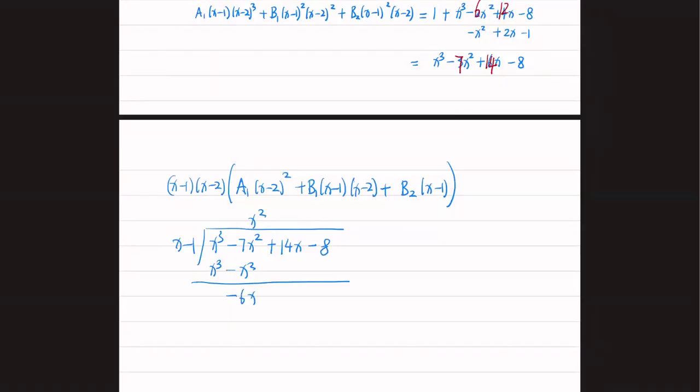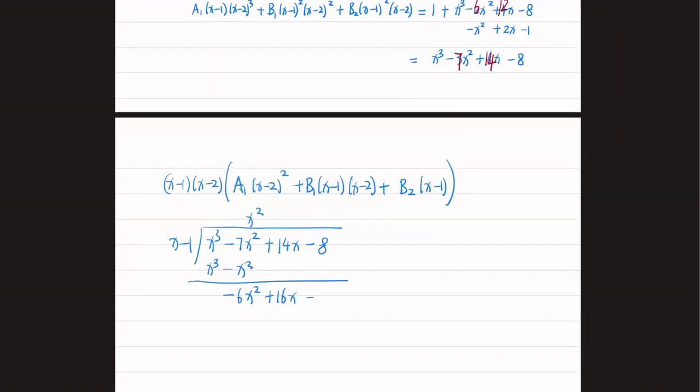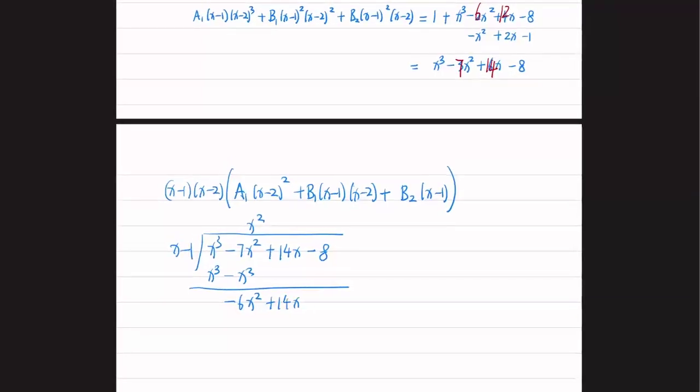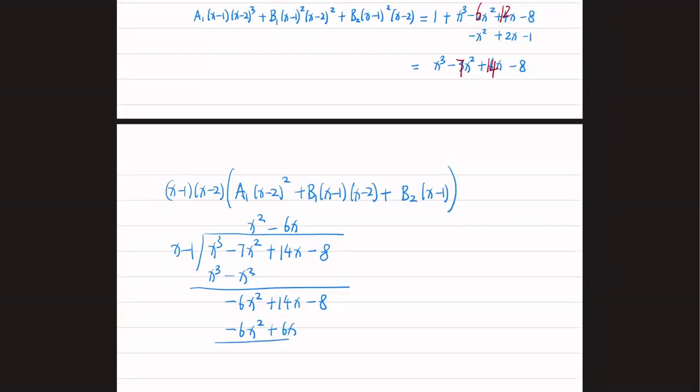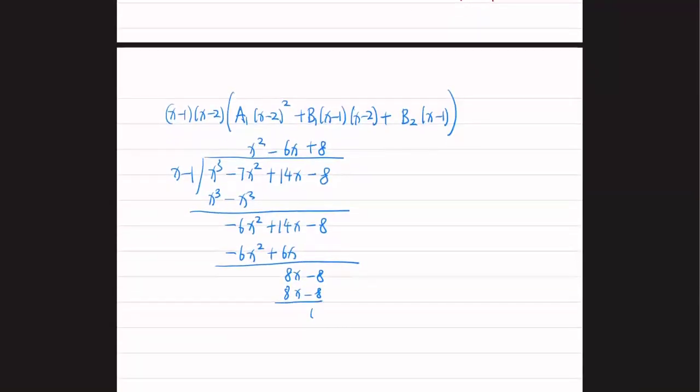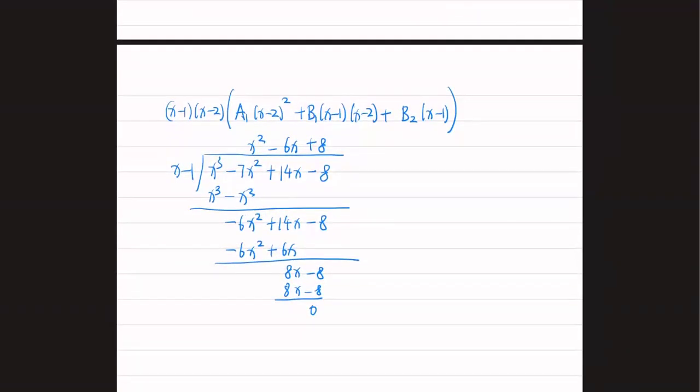Negative 6x squared, 14x, negative 6x, so negative 6x squared plus 6x, 8x plus 8, so plus 8. Okay, so we have one factorization. Second factorization, x minus 2.